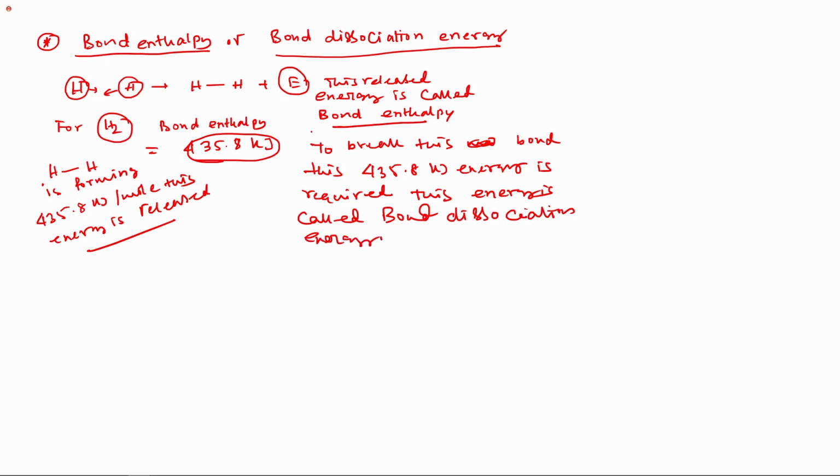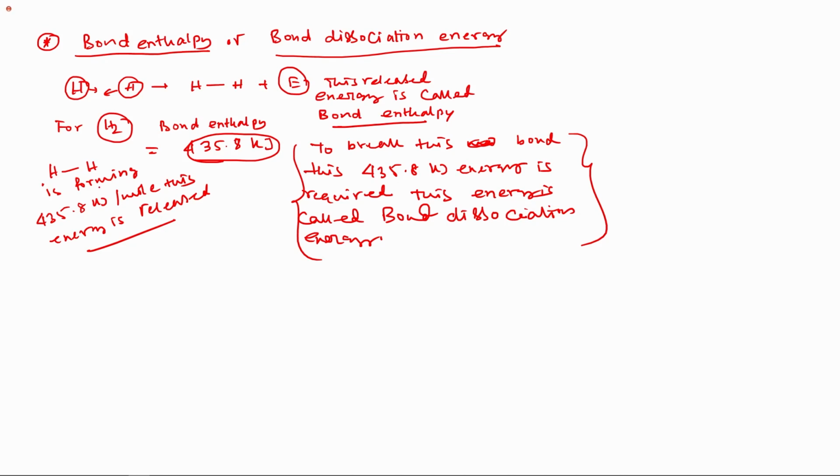Bond enthalpy means when a bond is forming, how much energy is released. Similarly, to break this bond, this same amount of energy that is released on making a bond is required. So this amount of energy is also required to break a bond.